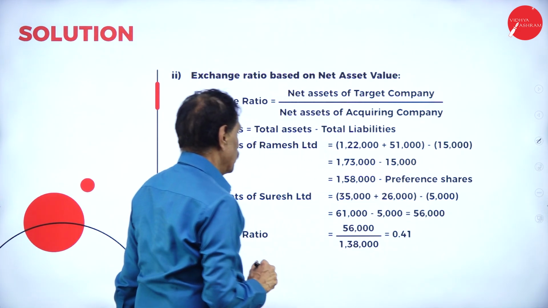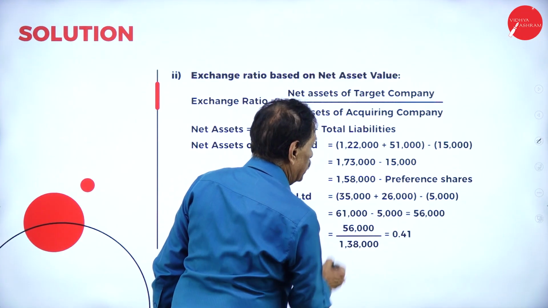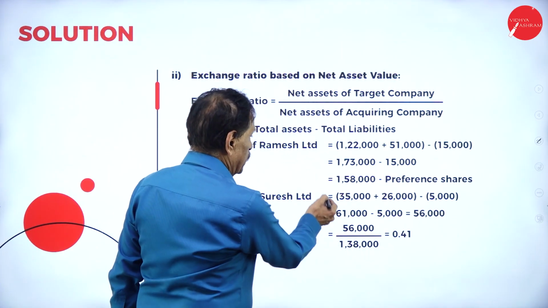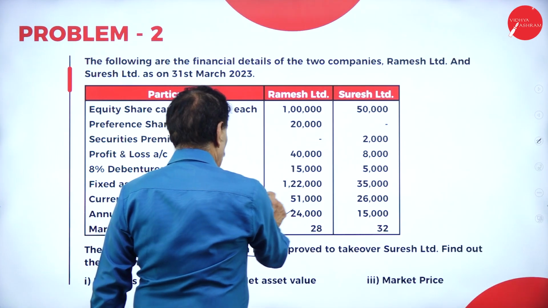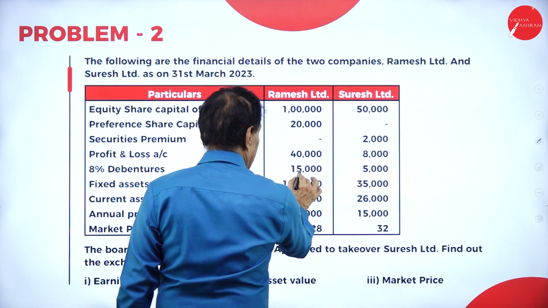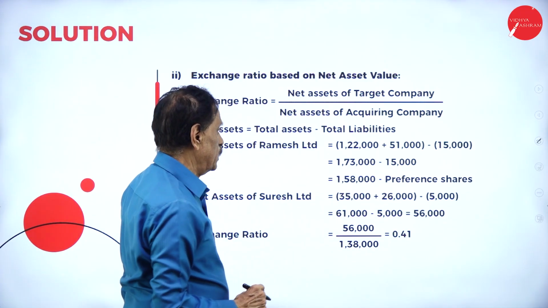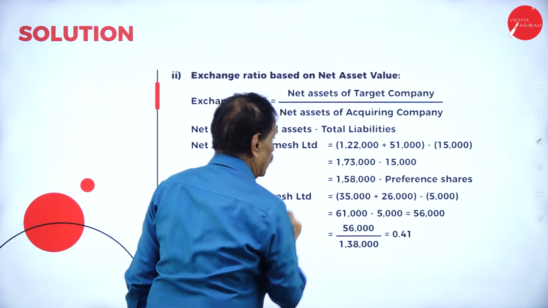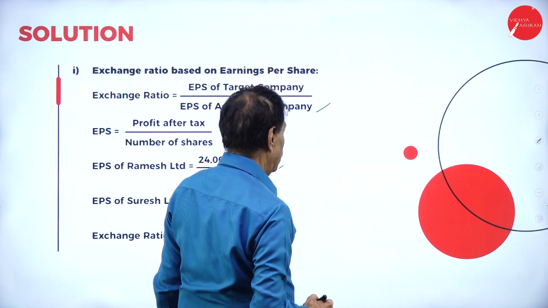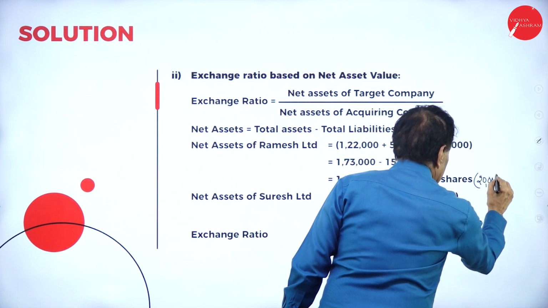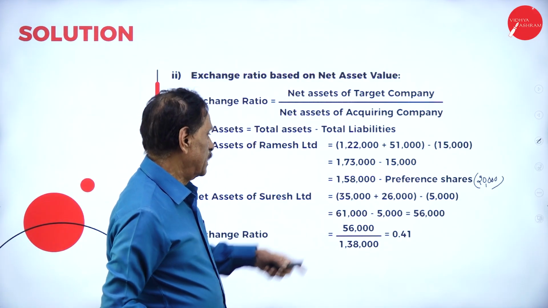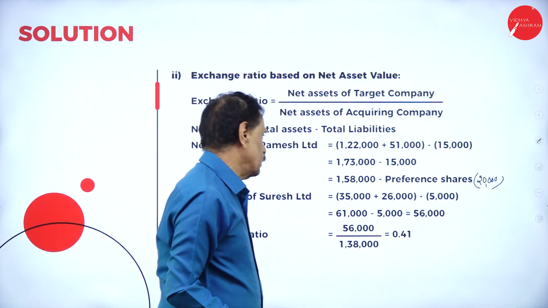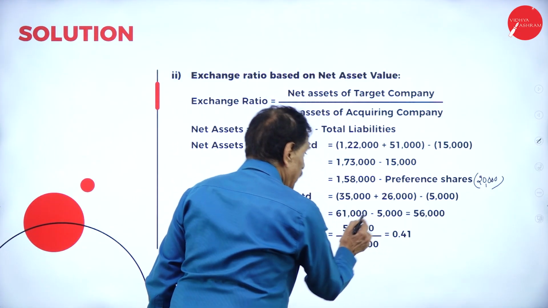So 1 lakh 58,000 minus preference share 20,000 is 1 lakh 38,000. Net asset of Suresh Limited: 35,000 plus 26,000 minus debenture 5,000, so it will work out to 56,000. So 56,000 divided by 1 lakh 38,000 is 0.41.